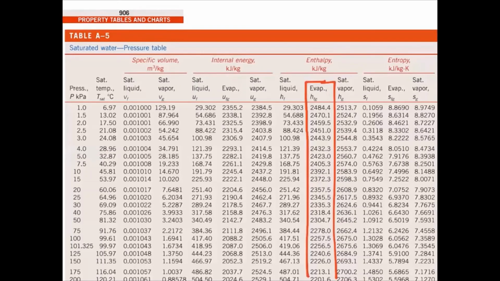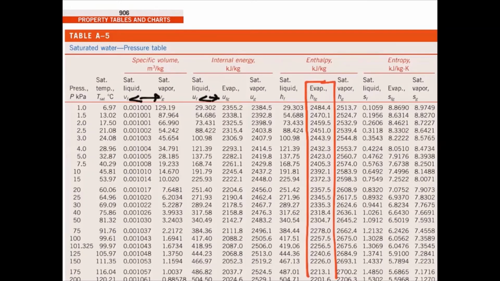This is important because if you have a mixture, it's not a saturated liquid and it's not a saturated vapor. The volume, the internal energy, the enthalpy, all of these extensive properties will be in a range between vf and vg.